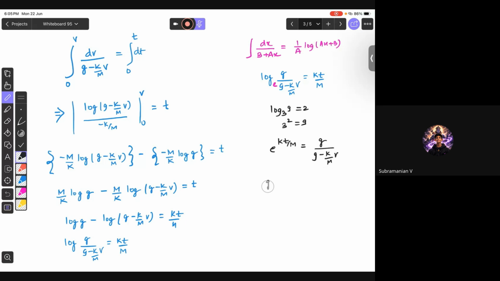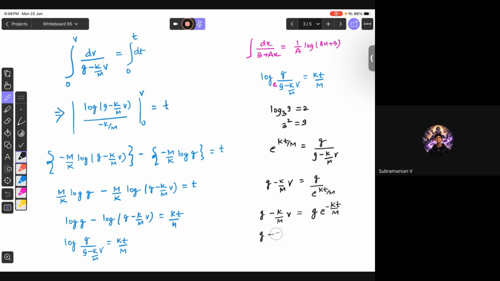So simplifying it, we'll get g minus k by m into v is going to be g by e to the power kt by m. That I can write down as g minus k by m into v equals g into e to the power minus kt by m.